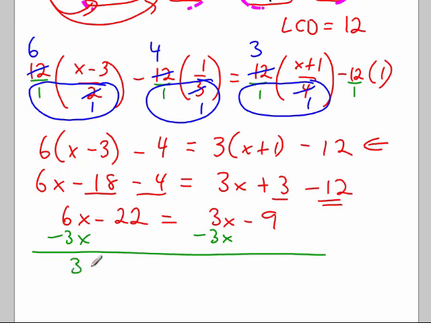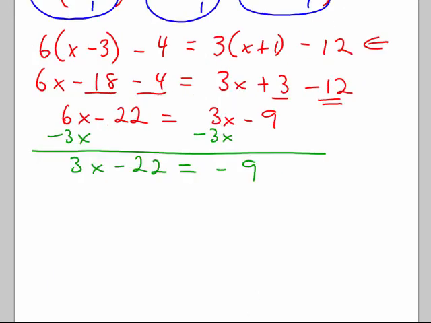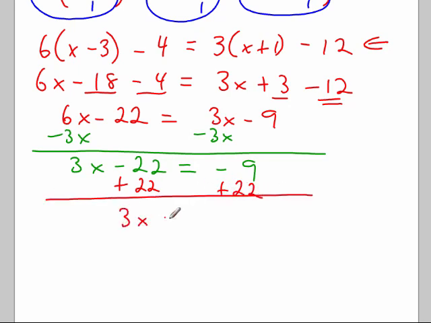So that'll be 3x minus 22 equals negative 9. Let's move the negative 22 off the left, so we'll add 22. So that means that 3x is equal to 13. Divide both sides by 3, and therefore x is 13 over 3.